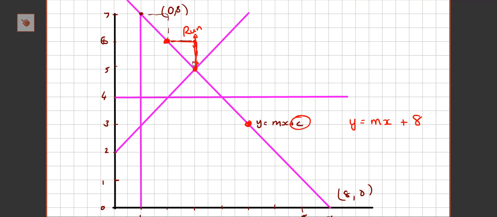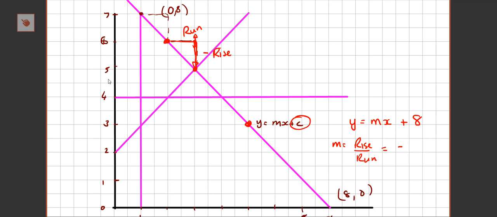So we have a negative rise, right? And how far have we gone? Remember, gradient m is rise over run. So what's the rise? Well, we know it's negative because we go down.